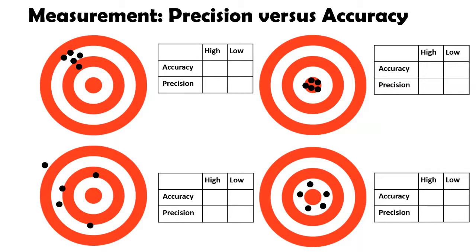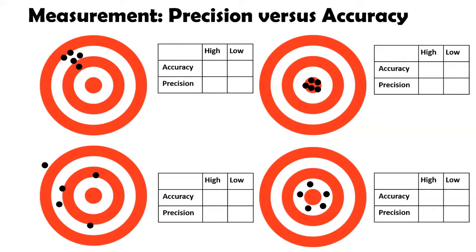So let's start down here in the bottom left-hand corner, where we see we've got 5 points that are all widely scattered. Would we say that it has very good precision? Now remember, precision is the degree to which we can repeat the process so that the outcome is very much the same each time, or we make a measurement and get very close to the same measurement each time.